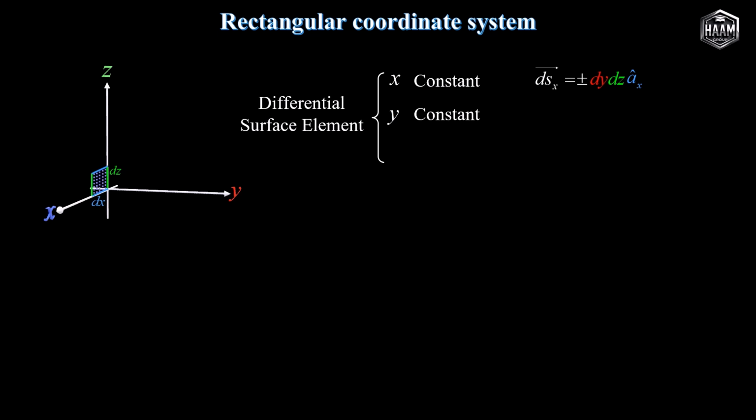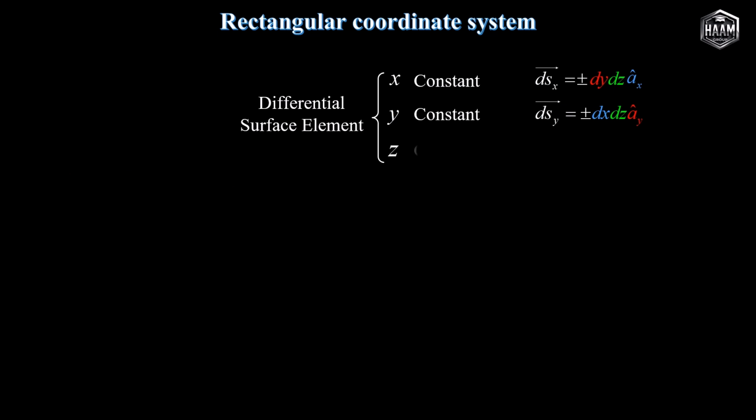Here, for simplicity, y is taken to be 0, though any fixed value of y would be equally acceptable. The perpendicular to this surface is either positive a hat sub y or negative a hat sub y. Therefore, ds sub y is defined as plus or minus dx dz times a hat sub y.